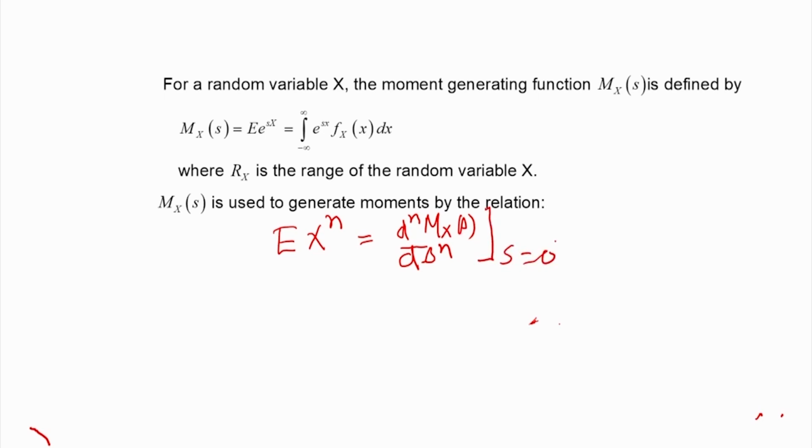So, this is the relationship. We can find out the nth order moment from the moment generating function by taking the nth order derivative at s equal to 0.